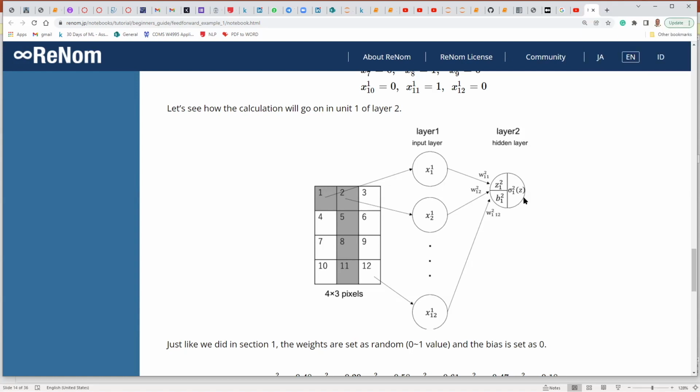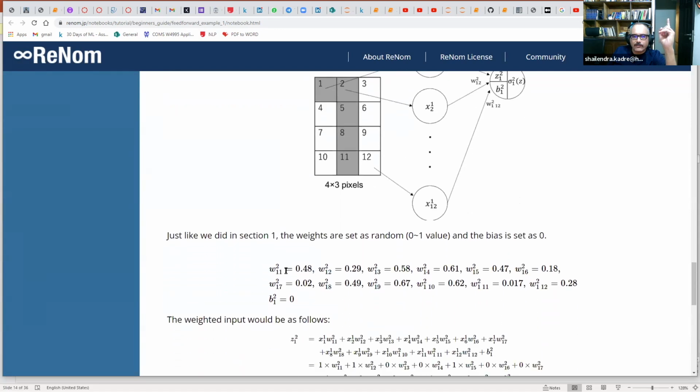We are concerned right now with only one neuron of layer 2. The first neuron will have 12 inputs from the 12 neurons of the previous layer, which is L1. Each input will have a weight associated with it, and all the values of the 12 weights are given.